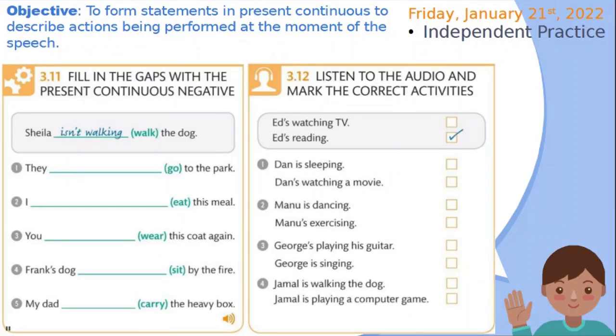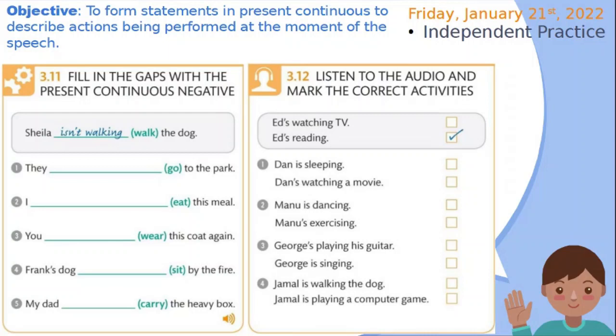Pues ahora, it's the moment for you to do the independent practice. You are going to copy in your notebook these sentences in 3.11. This says filling the gaps with the present continuous negative. Pay attention to this. You are going to use the negative form of be to create the negative of the present continuous.